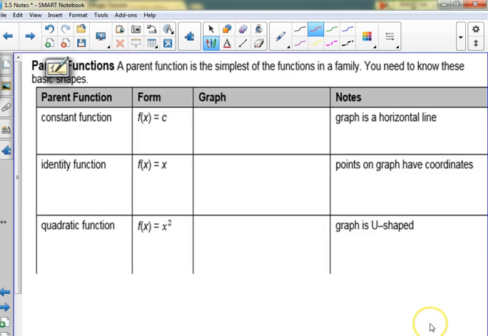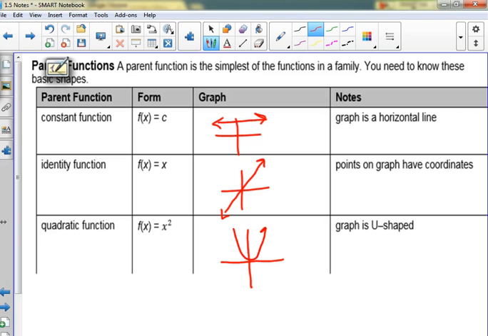All right, so on the notes, we're just going to do a real quick sketch, okay? Constant function is some kind of a horizontal line. Identity function is the basic y equals 1x line. The quadratic function is your basic parabola at the vertex. Now, this is the parent function.